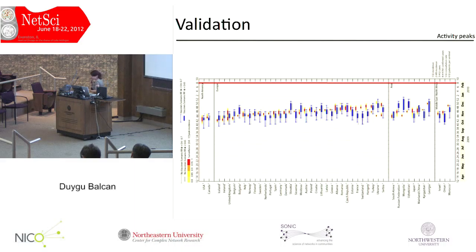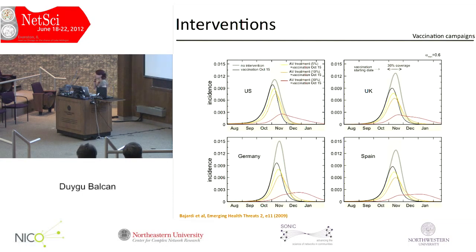Then, at the time, we didn't know whether the predictions were reliable or not, but we said, let's assume that they are correct and let's try some intervention strategies. One of them was the implementation of vaccination campaigns that were scheduled to be started in mid-October.